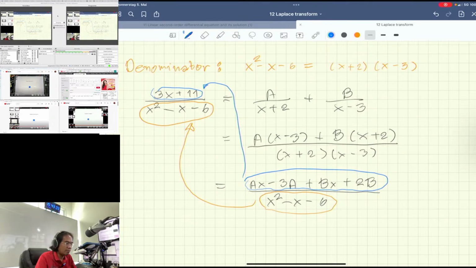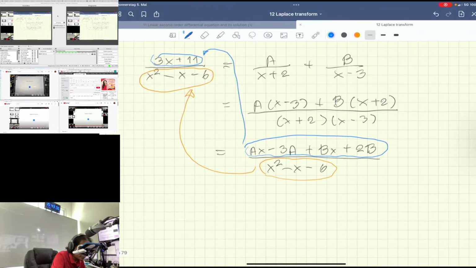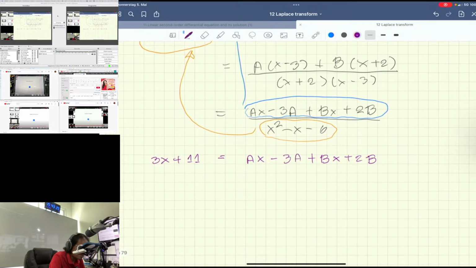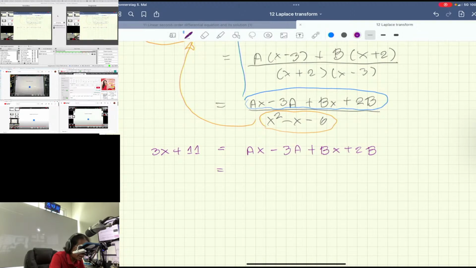So let's combine that. You can see that 3x plus 11 is equal to Ax minus 3A plus Bx plus 2B. And of course, it's going to be (A plus B)x plus (minus 3A plus 2B), right?